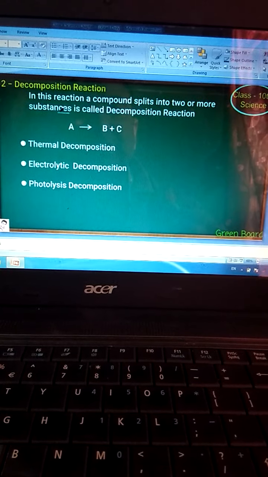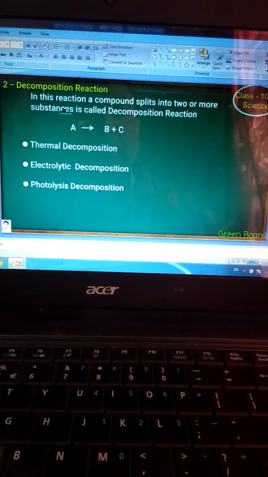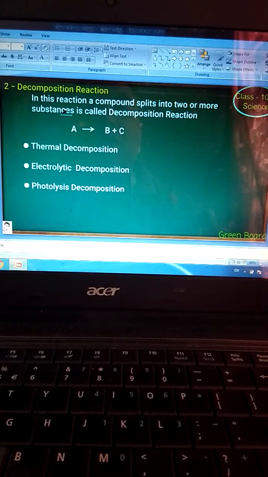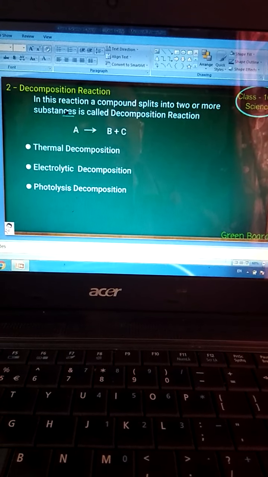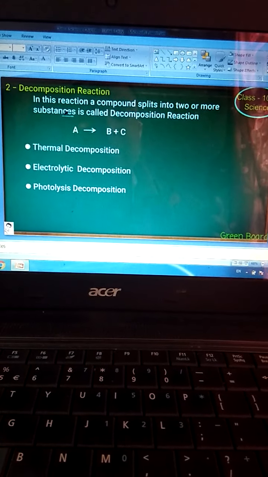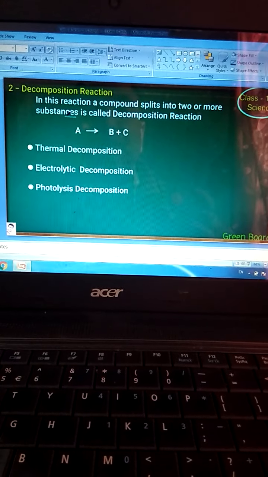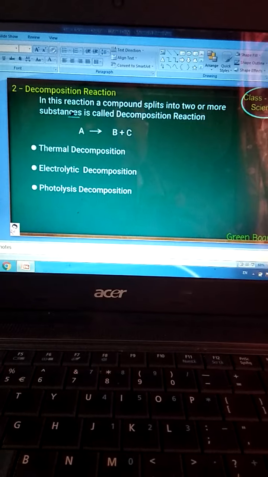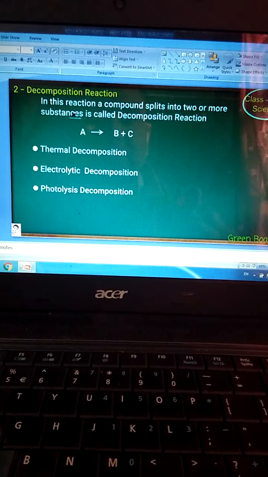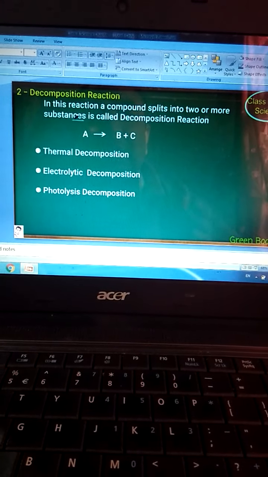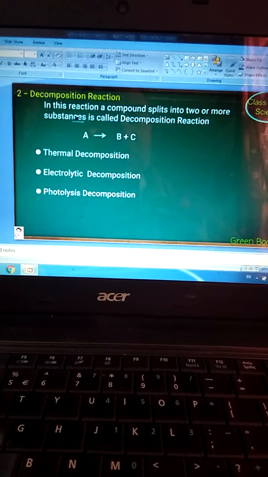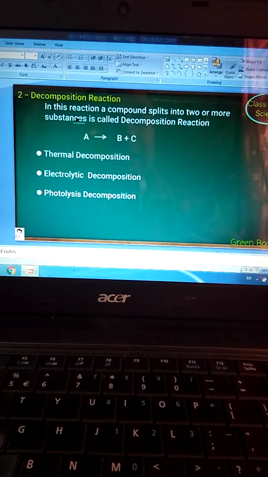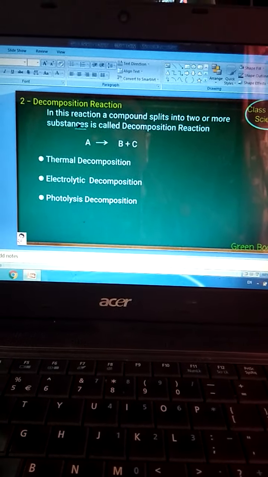In this reaction, a compound splits into two or more substances. Here, one compound is going to break into two or more substances. Decomposition means breaking down. So when one substance breaks into two or more new substances, that is called decomposition reaction.